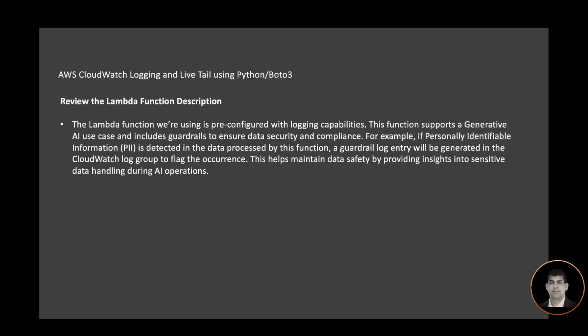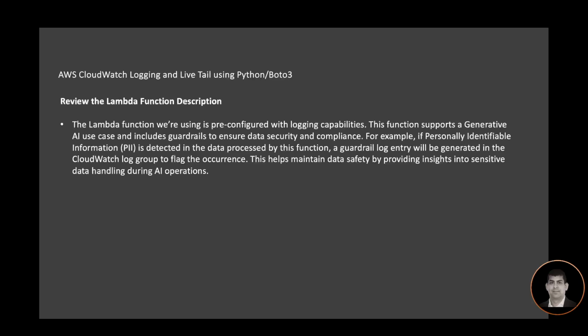Let's look at the Lambda function. The Lambda function that I'm using is pre-configured with logging capability, and this function supports a generative AI use case and includes a guardrail to ensure data security and compliance. So for example, if PII is detected in the data processed by the function, a guardrail log entry will be generated in the CloudWatch log group to flag the occurrence.